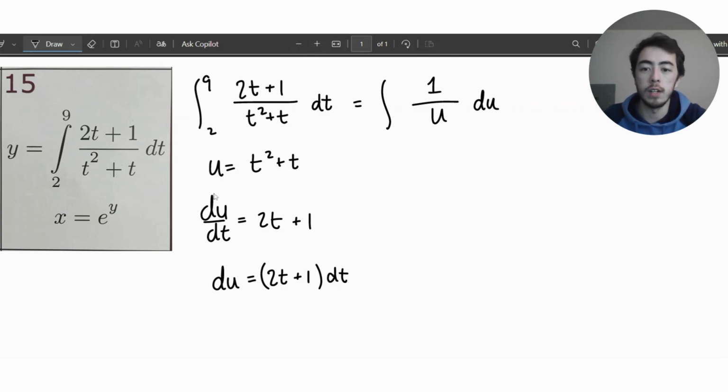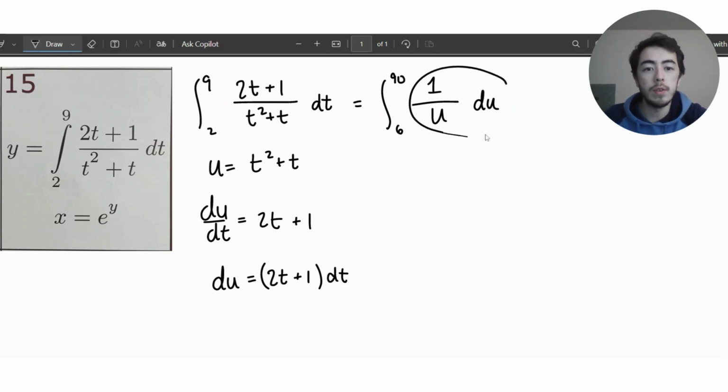And this rule that I created, u equals t squared plus t, helps me change this 2 into a better number for my u's over here. So if I plug in a 2, I get 2 squared plus 2, which is 6. And that will be my new bound in my u integral over here. And then 9 squared plus 9 is 81 plus 9, or 90.